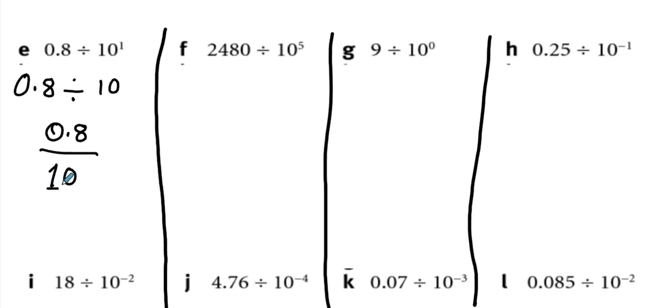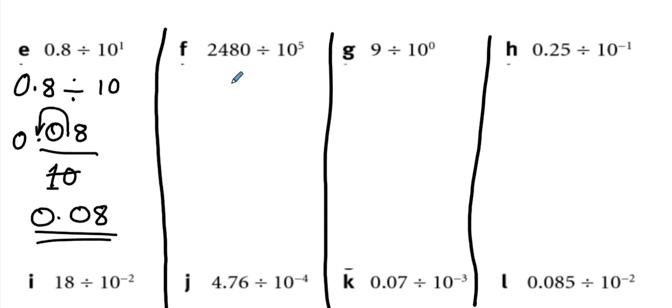Now 10 has one zero, so move the decimal point one step to the left, and you put a 0 over here. So 0.8 divided by 10, the answer will be 0.08.